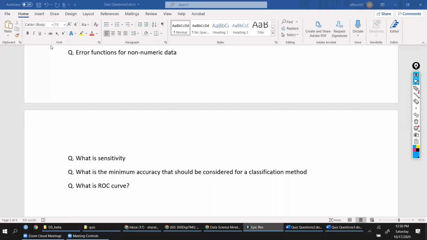Receiver operating characteristic. Very good. What does it tell us? Why is it used?